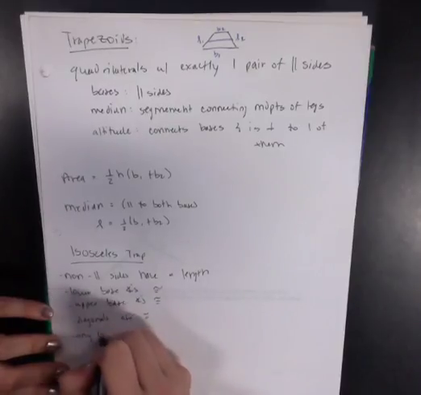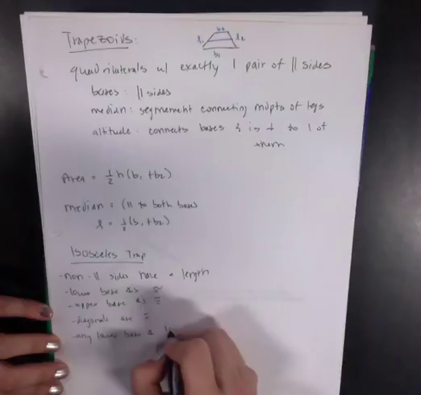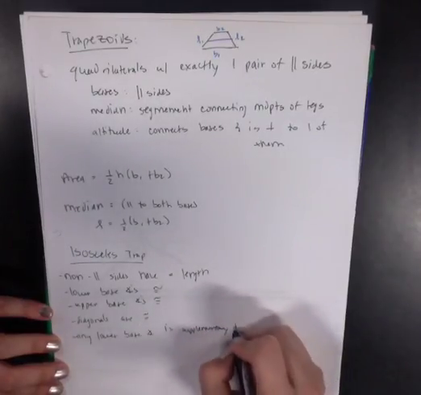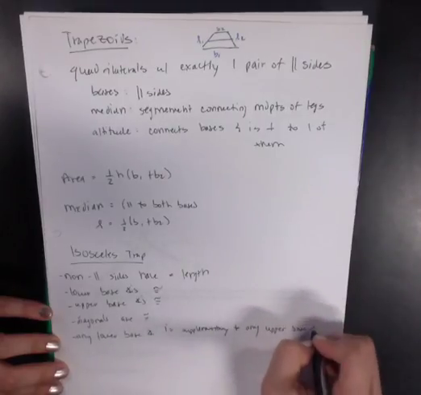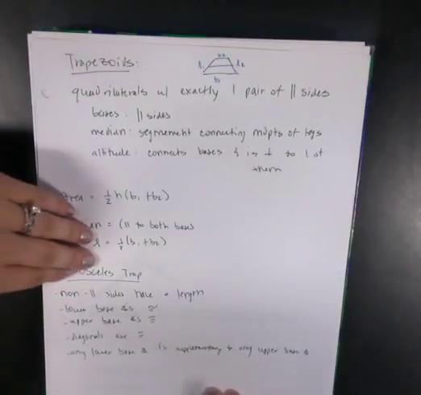And any lower base angle is supplementary to any upper base angle. Okay, so all of these definitions are stuff that we are going to use to be able to solve trapezoids. So let's do some examples.